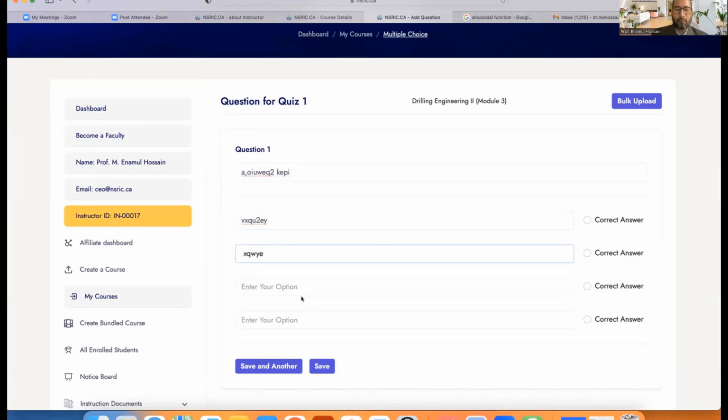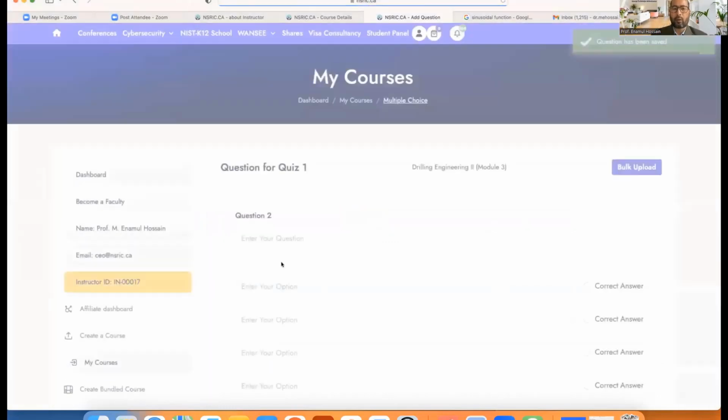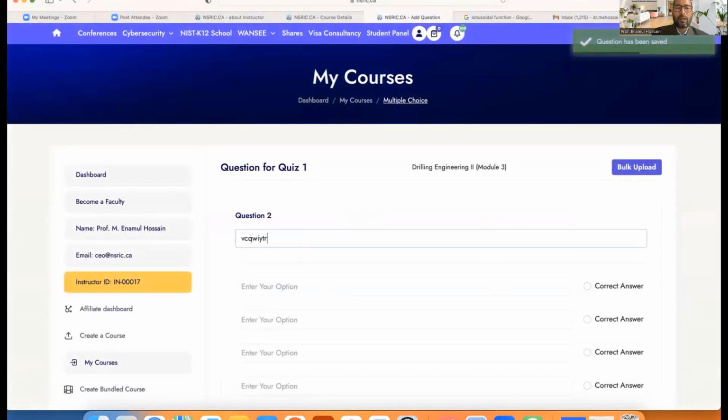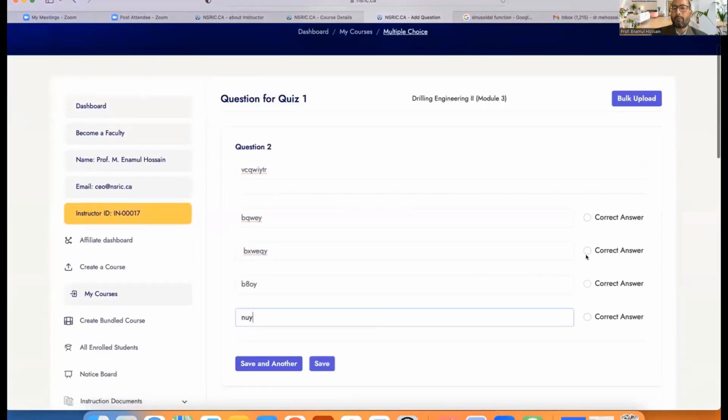Let's say I put in 4 possible or closely related answers, and the most accurate answer, let's say the correct answer is this one. Okay, so question 1 is done. Then I am going to prepare another question, question 2. I put in the question and then the four possible answers, and choose the most appropriate one.